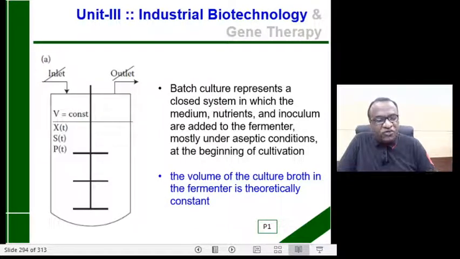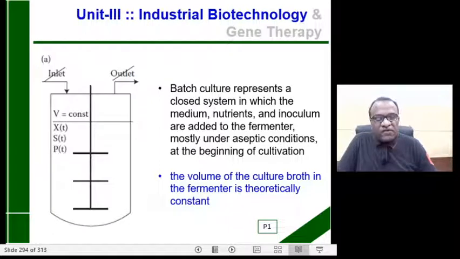Then by introducing air or gas into the culture. Such changes are usually ignored due to their small value relative to the total working volume. Right. So these are some of the small deviations which are not accounted for in batch culture.